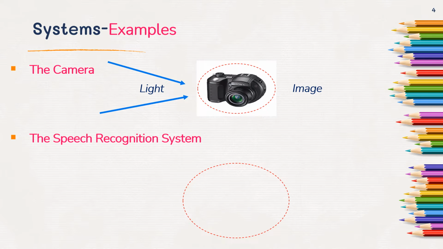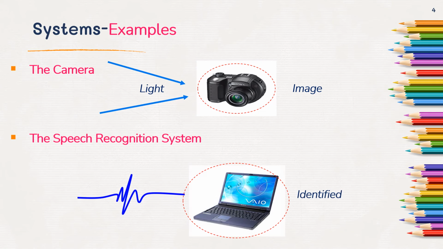Another example is a speech recognition system. The input is your speech. You match it with the speeches in the database, and you identify it. So that is called a speech recognition system.